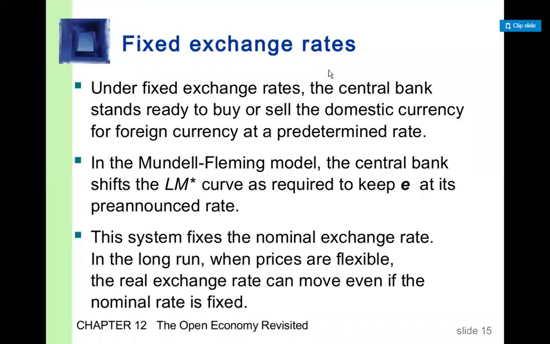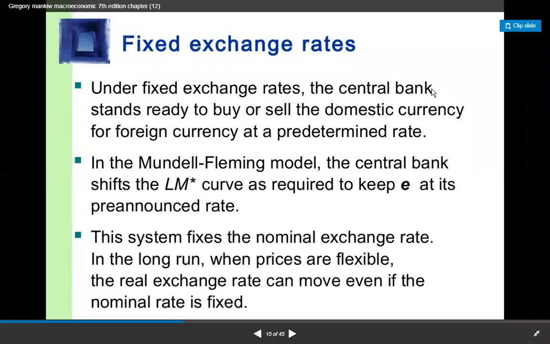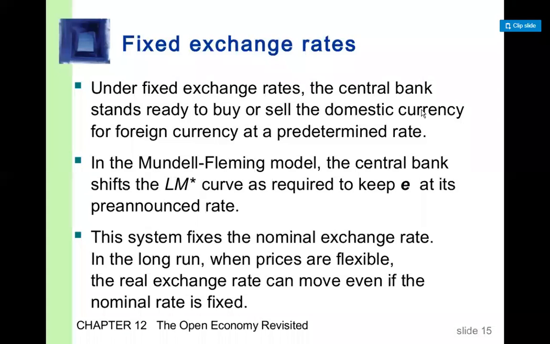Now, if you remember, in the last classes we have already discussed the difference between fixed exchange rates and floating exchange rates. What is the floating exchange rate? The floating exchange rate is the exchange rate which changes over time due to changing economic conditions, which we have already discussed last time.